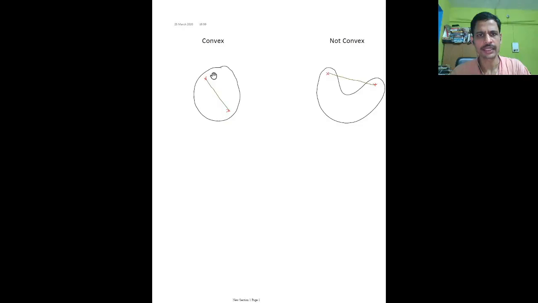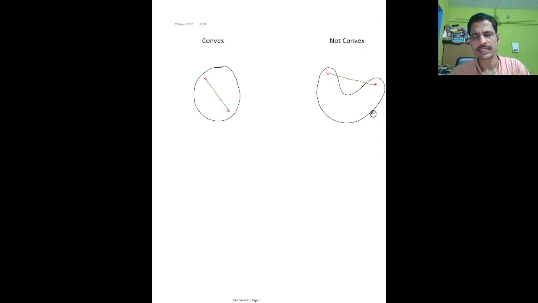The region enclosed here is said to be convex when you pick any 2 points in this region arbitrarily and join those 2 points by a line, the line always lies in the region. In such a case, we say that the region is convex.